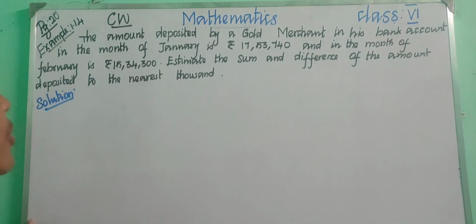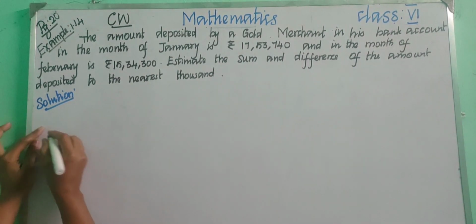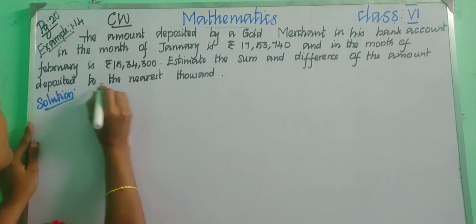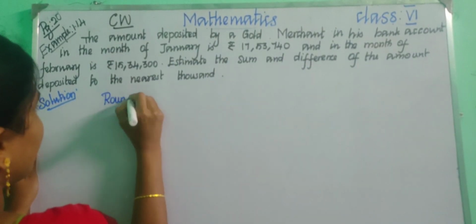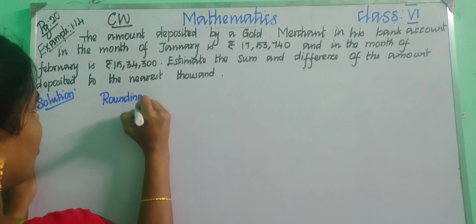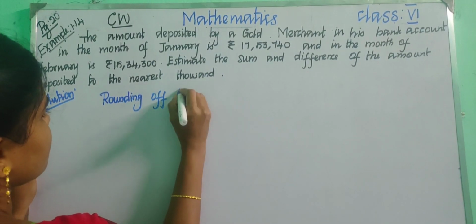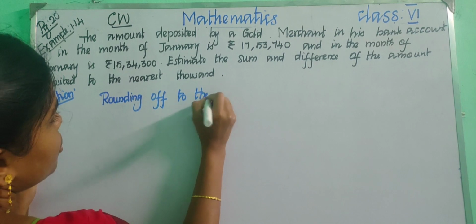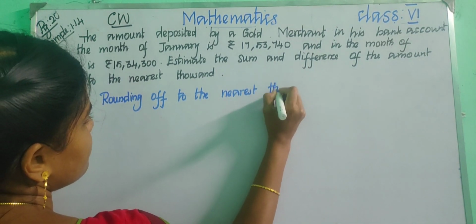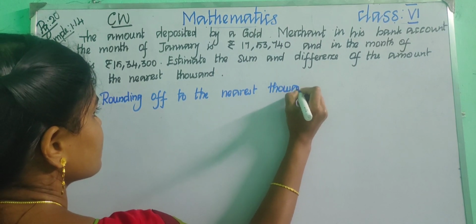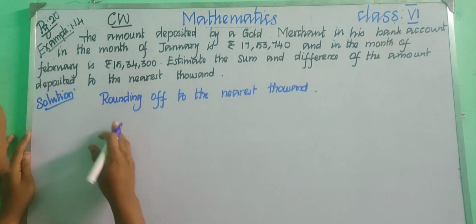First of all, we are going to estimate to the nearest 1,000. Okay children. So rounding off to the nearest 1,000. Let us write like this and start writing.